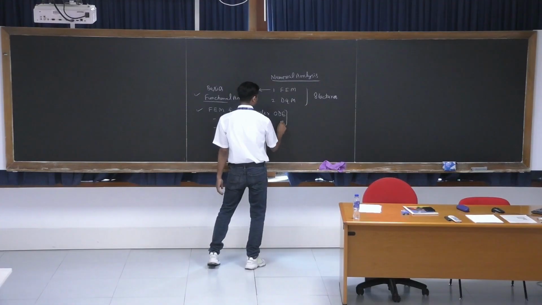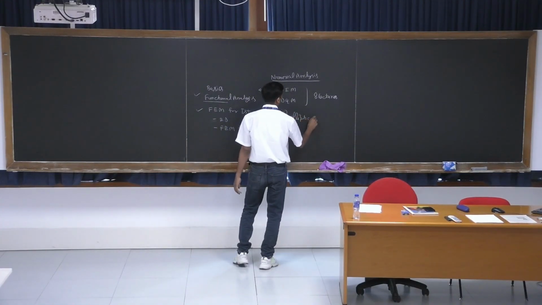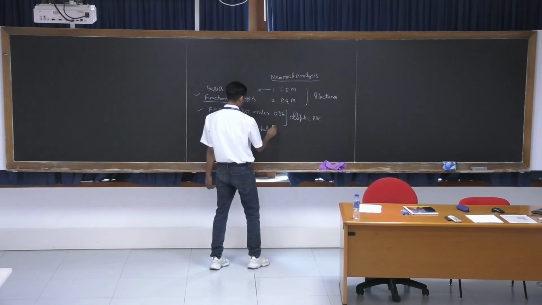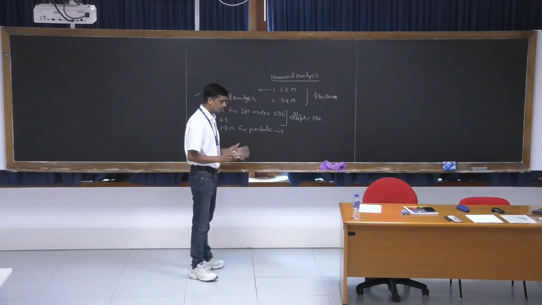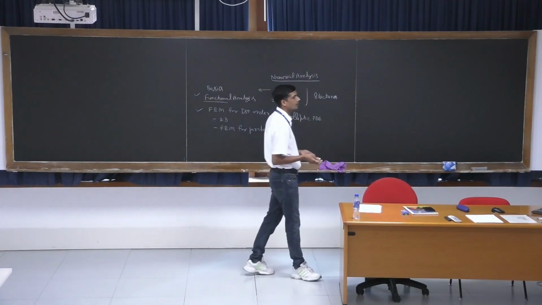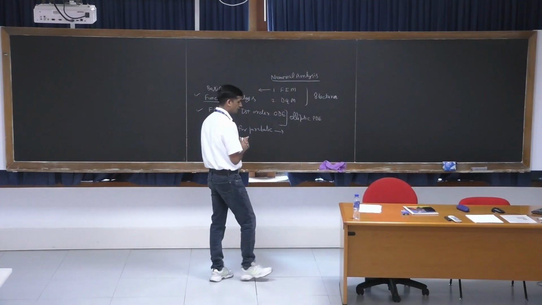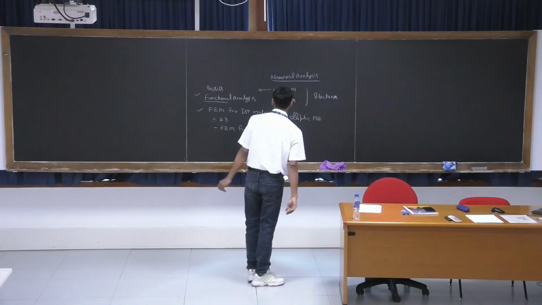These two things occur in elliptic PDEs, and then we go to parabolic PDEs. In parabolic PDEs, the time-dependent problem comes into the picture, and we see how to do their analysis and simulation using the finite element method.